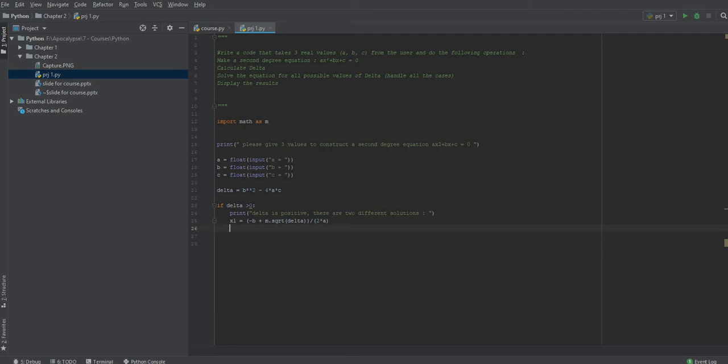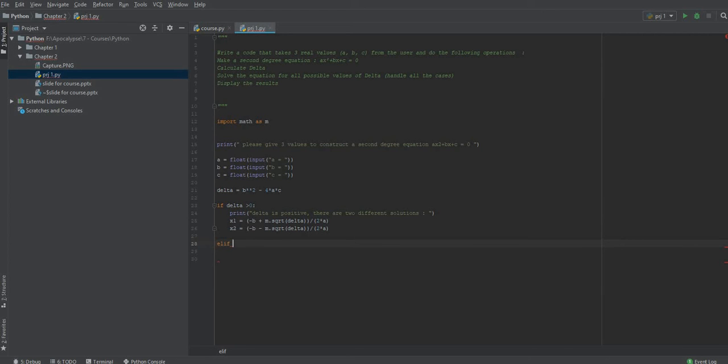I know that you already know how to solve this kind of equations, right? This is basic. x2 is minus b minus the square root of delta, and the same thing, divided by 2a. Because we have more than one condition left, we need to make an elif to make the condition here.